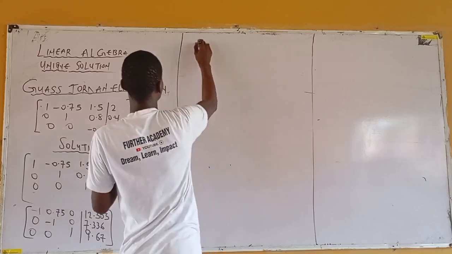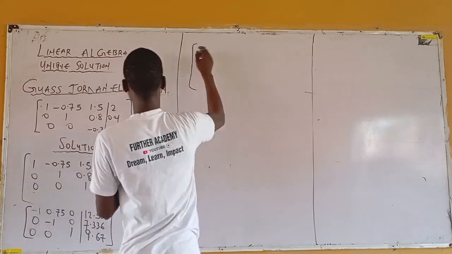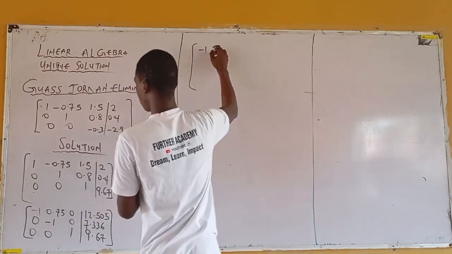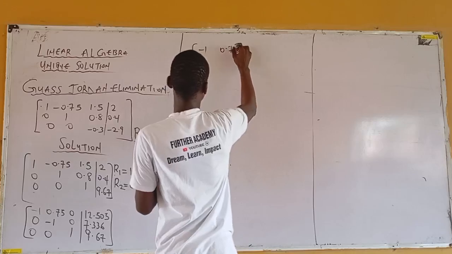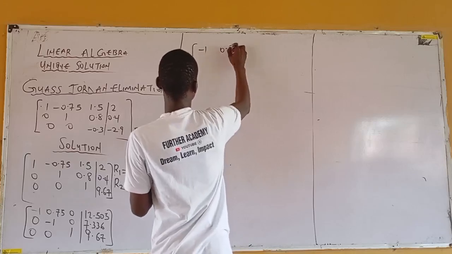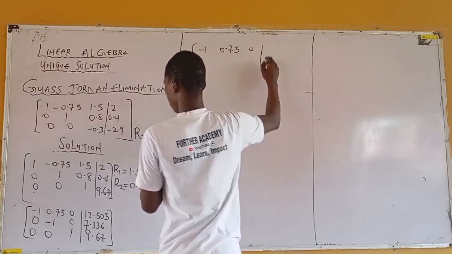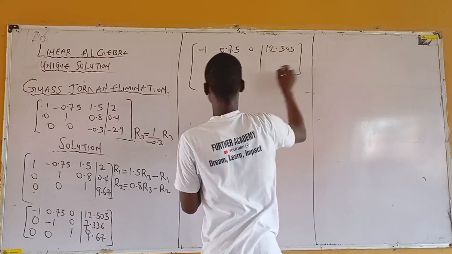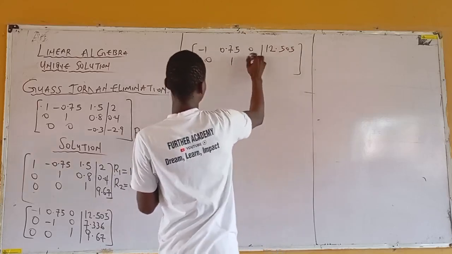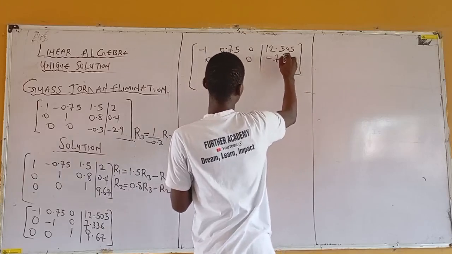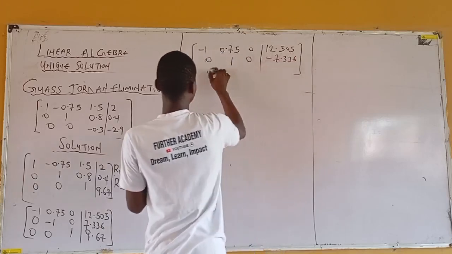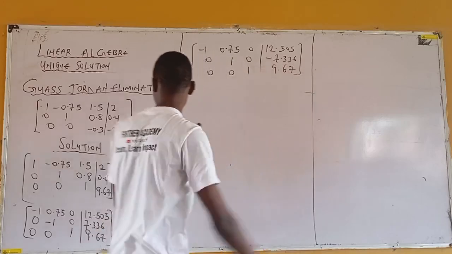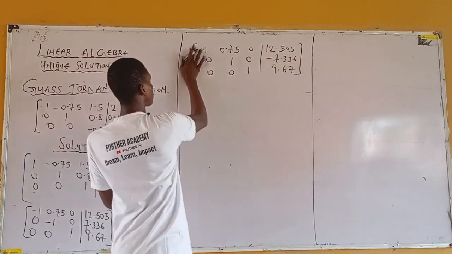Multiplying row 2 all through by -1, this augmented matrix becomes -1, 0.75, 0, 12.505, 0, 1, 0, negative 7.336, 0, 0, 1, 9.67. Now, what's your next step?